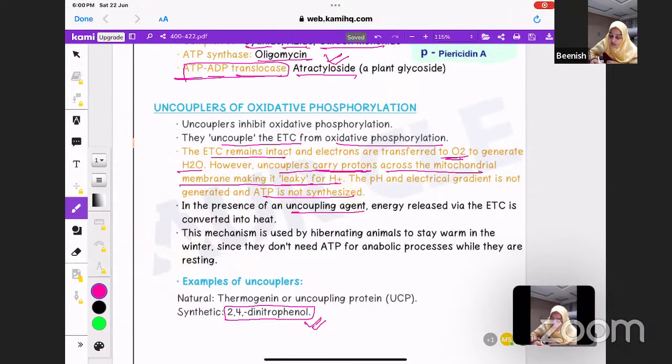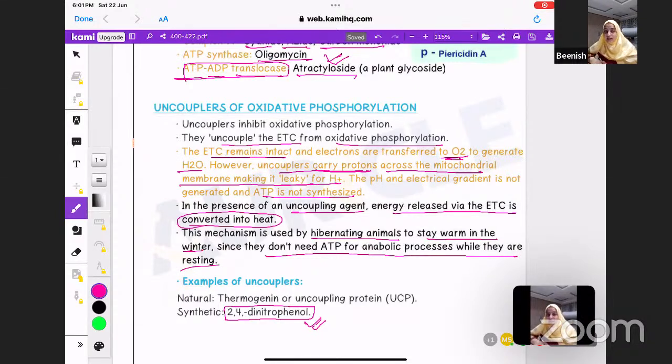In the presence of an uncoupling agent, the energy released by the electron transport chain is converted into heat. Otherwise, the energy released was used to generate ATP. This mechanism is used by hibernating animals to stay warm in winter, since they don't need ATP for anabolic processes while they are resting.